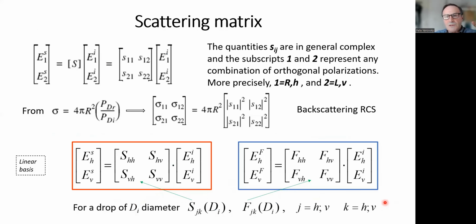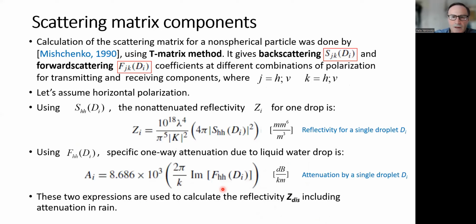So here you can see the scattering matrix. This is the backscattering matrix, and this is the forward scattering matrix, which connect the incident wave with backscattered and forward scattered waves. And H and V, it's polarization, horizontal and vertical, can be cross polarization or principal polarization used.